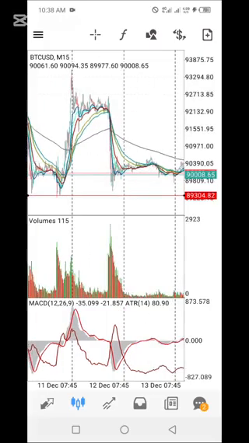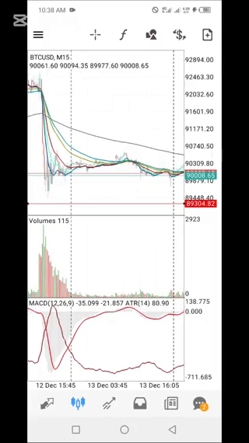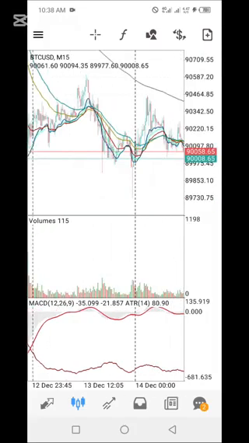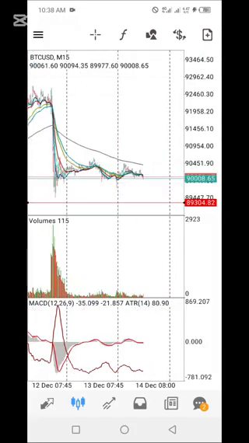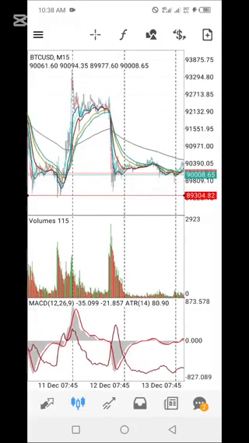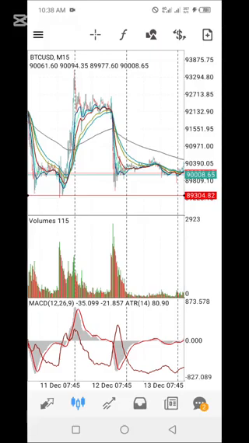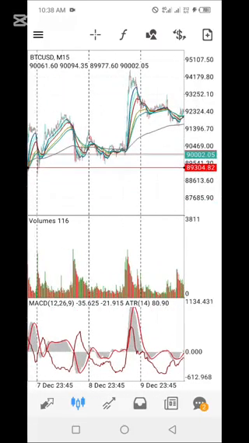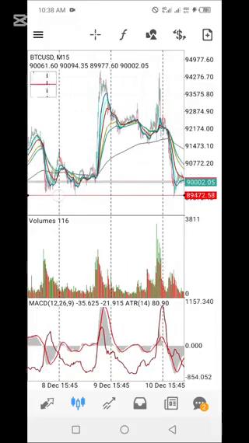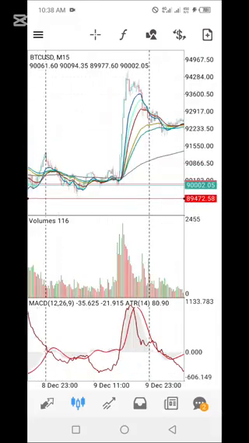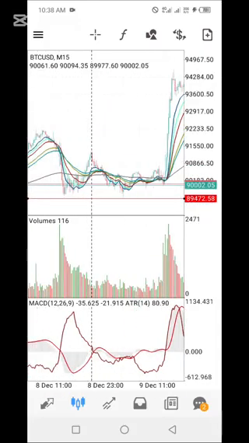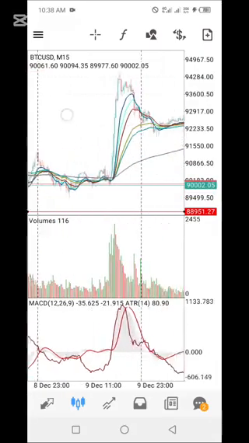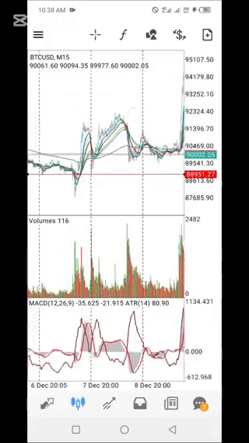So for me, I don't see Bitcoin going much lower from here, but I'm looking at that level, 89304.82, to be taken out by Bitcoin before it heads back up. You can even see it has a lot of liquidity accumulating at that region, and ours is to watch what price will do.